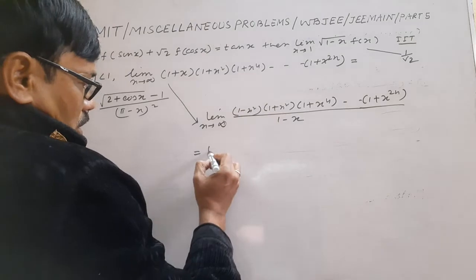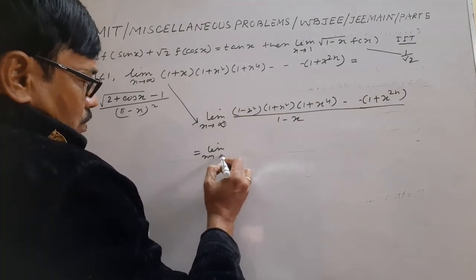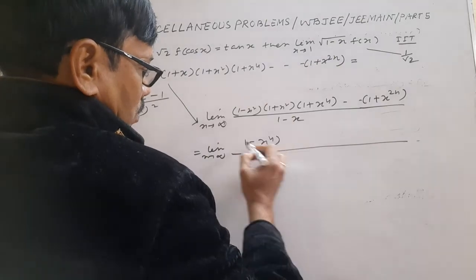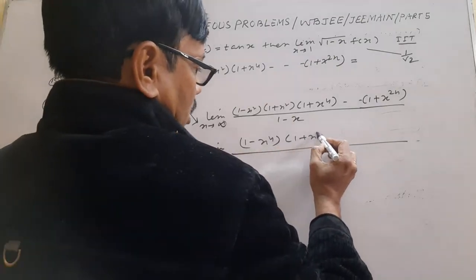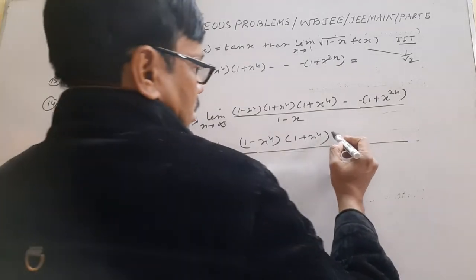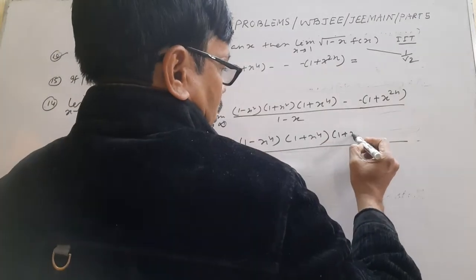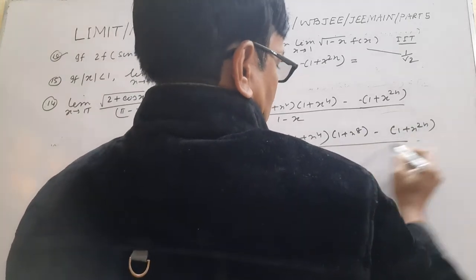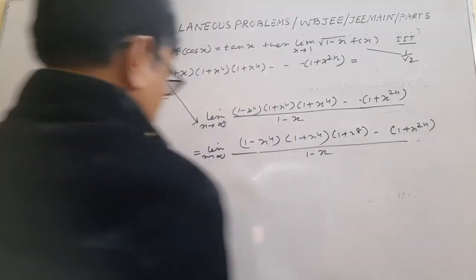Then limit x tends to infinity. Look, again you are getting 1 minus x to the power 4, 1 plus x to the power 4. You are getting a formula in each case. Then 1 plus x to the power 8, 1 plus x to the power 12 by 1 minus x.